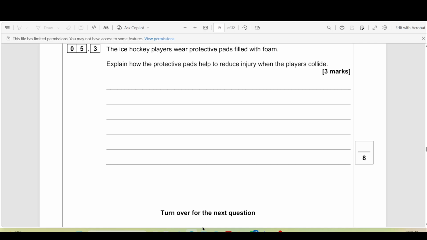And less force means it decreases the rate of change of momentum, right?